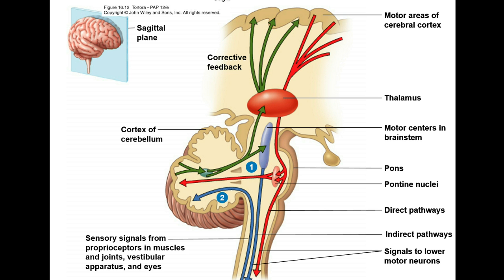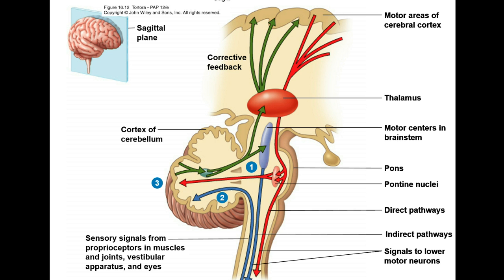But at the same time, in blue, you can see those are the sensory signals from proprioceptors in muscles, joints, vestibular apparatus, eyes. So it's giving you sensory information about what the body is actually doing. So that's also coming in to the cerebellum. So from number 1, the intention for movement, what your body intended you to do, and in number 2, what is actually happening, the sensory information.